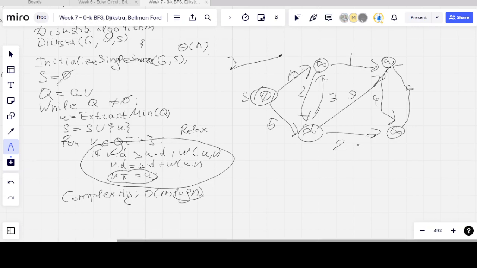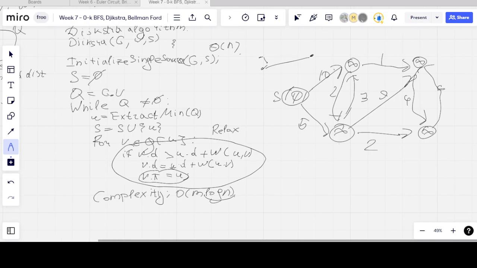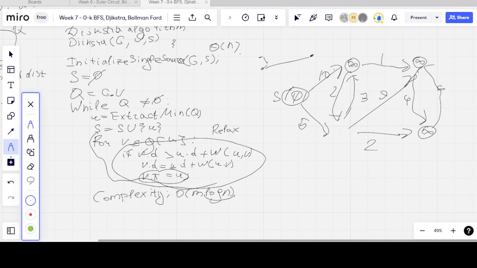Then we iterate and do relaxation to this vertex and this vertex. We get that this vertex will be 8 and 5.